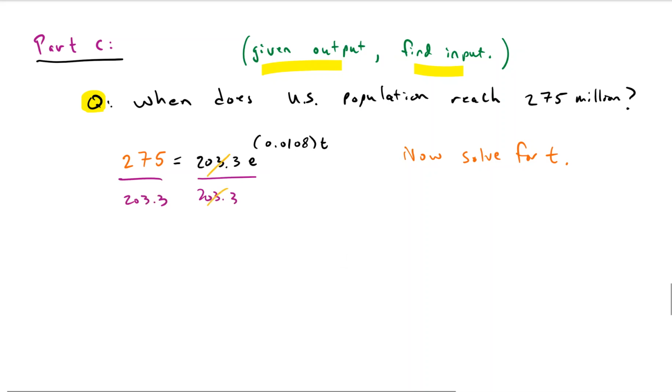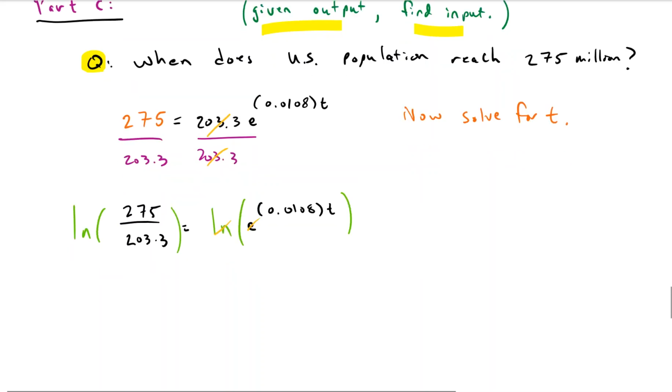The 203 cancels on the right side of the equation, and we're left with 275 divided by 203.3 equals e to the 0.0108 times t. And again, we're going to use our take a natural log of both sides trick, because e and natural log cancel each other out. They're inverse functions.